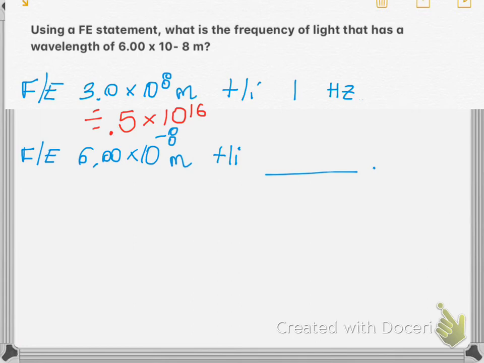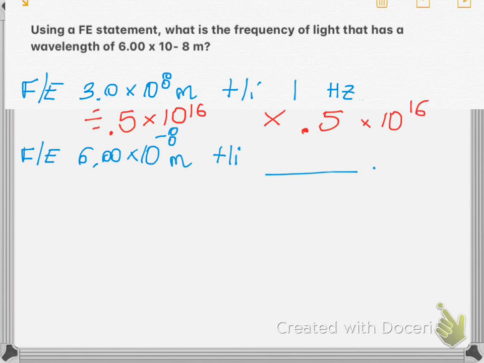All right, so remember, the indirect relationship means that if you are dividing here, you are going to have to multiply on the other side. So I'm going to multiply on the other side by the same exact factor. So times 0.5 times 10 to the 16th.